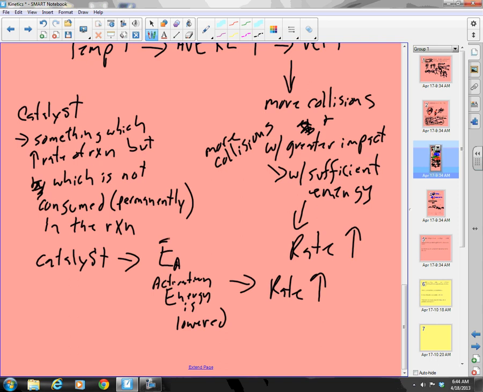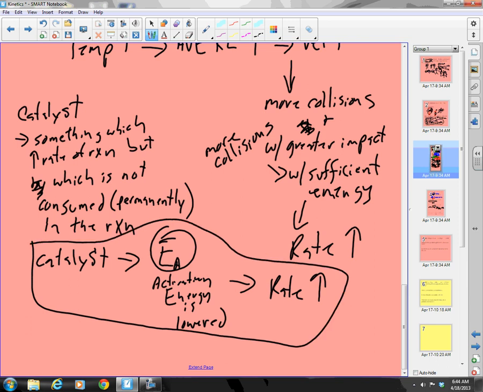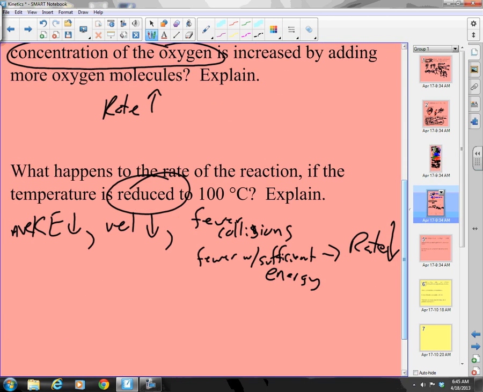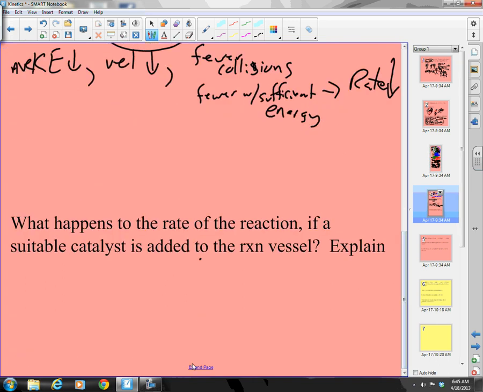Just EA for activation energy, the EA is lowered because of the catalyst. Got it? So the catalyst lowers the activation energy, and by doing so, the rate is increased. We'll talk about activation energy at the end of this unit. All right, so what's my answer? My rate increases. Woo!